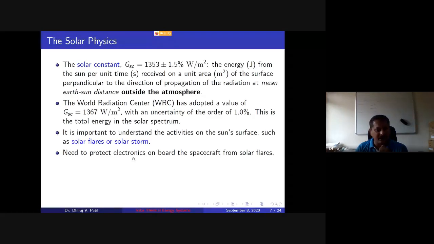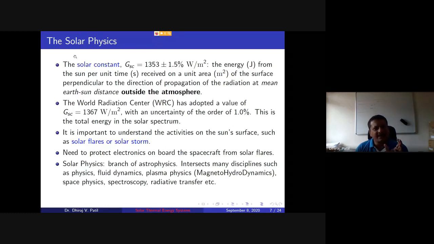So solar physics, because of all these things, is a branch of various disciplines. It intersects many disciplines such as fluid dynamics, astrophysics, plasma physics, space physics, spectroscopy, radiative transfer, and heat transfer. Electronics is also involved. That's why it is important.